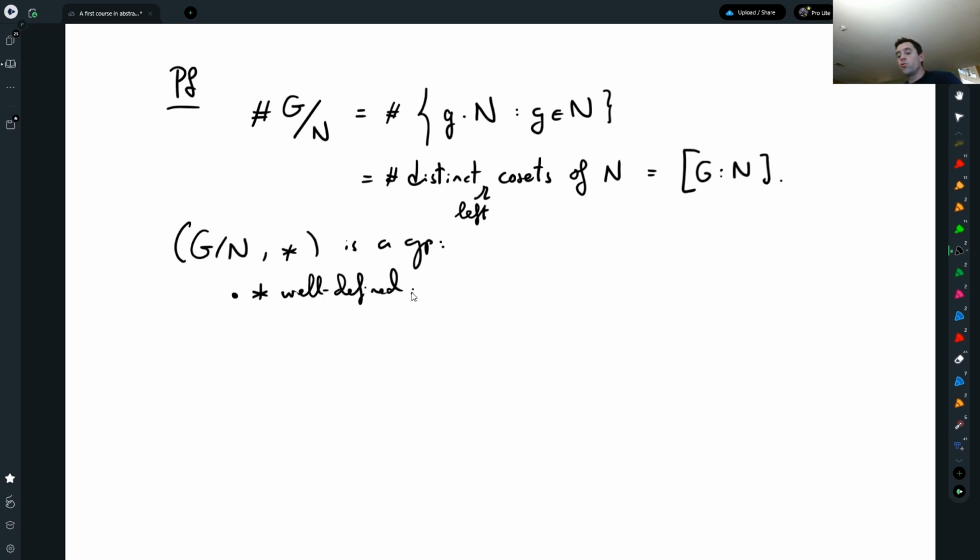And to prove that it's well defined, suppose I have a coset that is given. The only problem with the well-definedness is that there might be more than one representative for the coset. And I have another coset, and those are represented by different representatives, a and a prime, b and b prime.